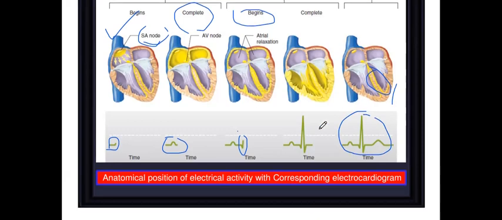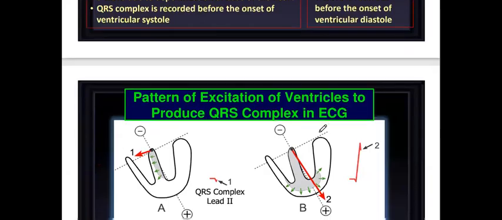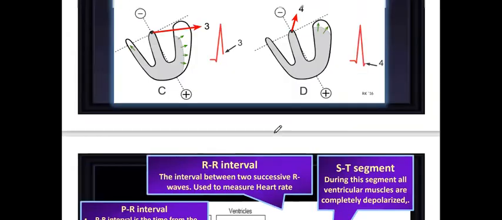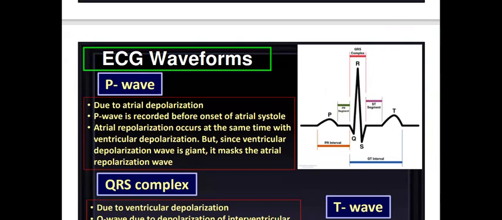This is graphically represented in this electrocardiograph. You can see that these are the waves. Basically you have the P wave, Q wave, R wave, S wave, and T wave. From P to Q we have one interval.